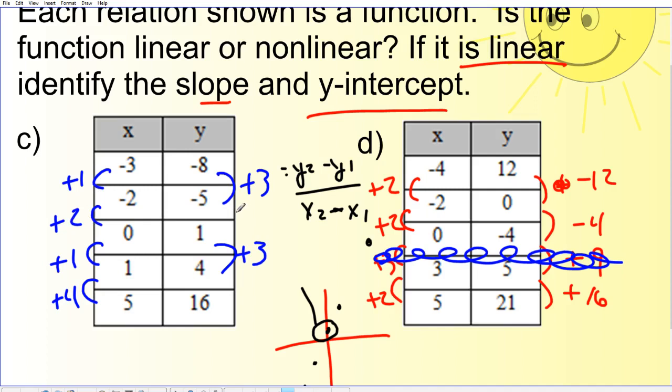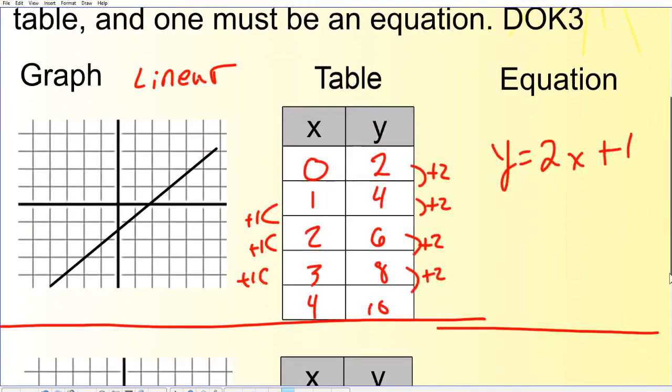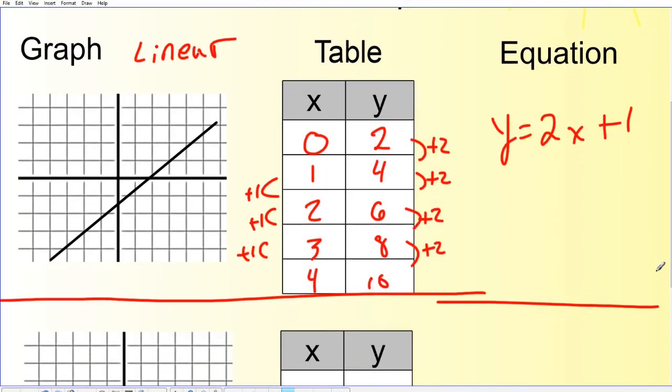When I went up by 2, this went up by 6. This went up by 4. This went up by 12. It's actually following the same pattern. Okay? So it's kind of a trick you can use to make a table, or to even check if a table is linear or nonlinear, is if there's an addition pattern on both sides. If every time this guy goes up by 1, the other side goes up by 2.